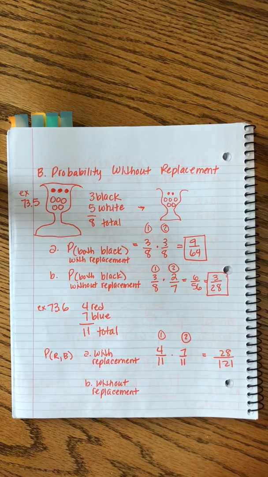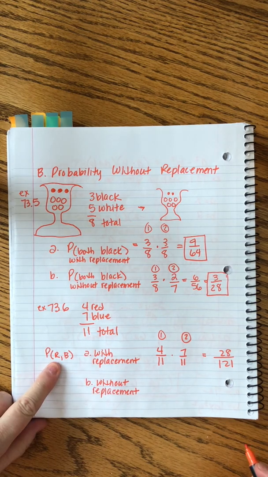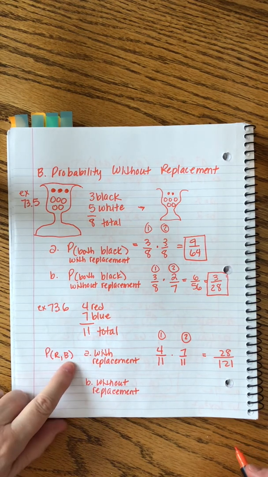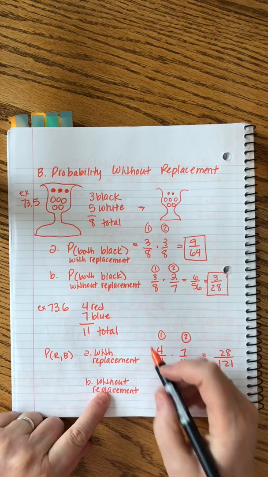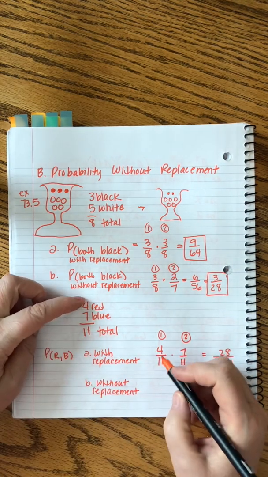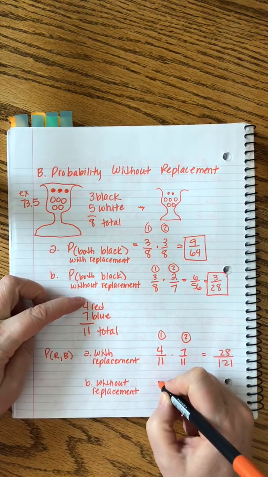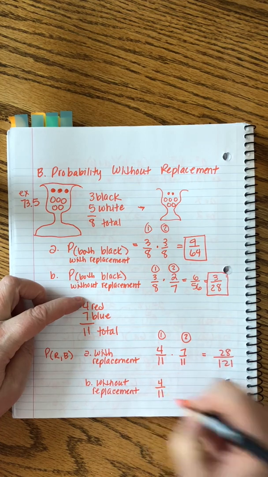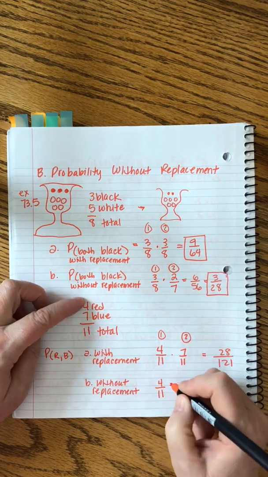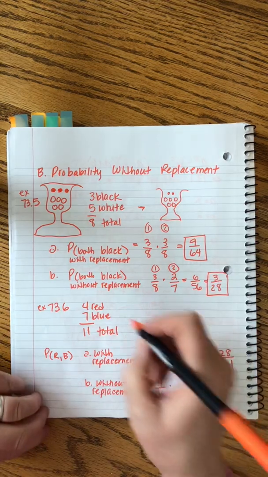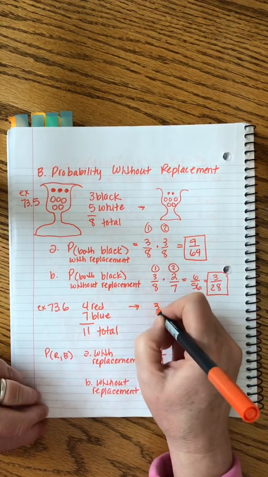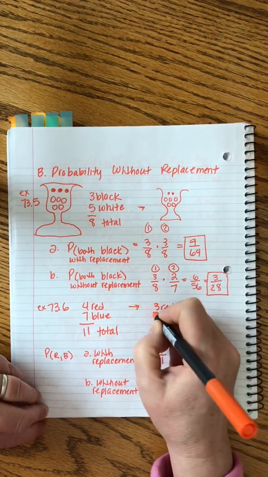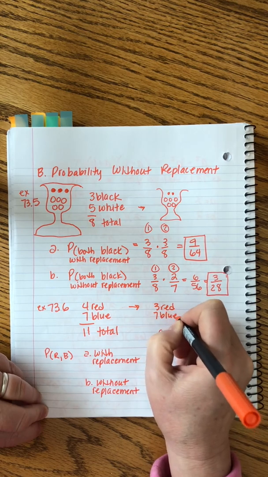All right, now we're going to do the same thing, probability of red and then blue, without replacement. The first time is the same. We reach in, there's 4 reds, there's 11 total, so that's good. Now we take that red marble and set it aside. So now we only have 3 red. We still have the 7 blue.